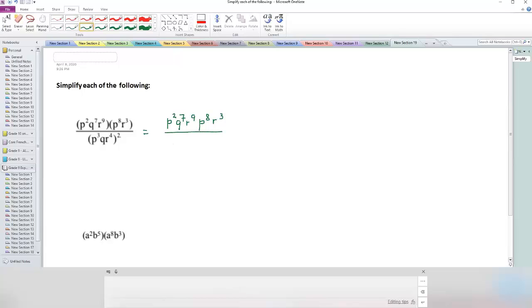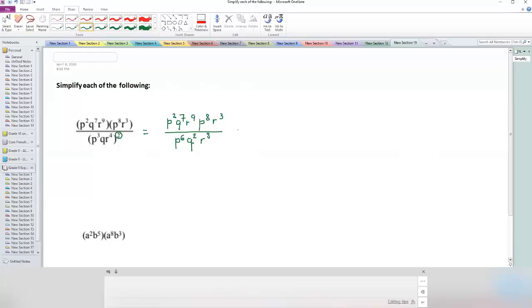Here I need to work a little bit since there is power of 2. You know power of power, that means we multiply. So the p exponent 3, it becomes 6 because 3 times 2 equals 6. The q, instead of 1, it's going to be 2 because 2 times 1 equals 2. And the r exponent 4, it's going to become as exponent 8 since 4 times 2 equals 8.